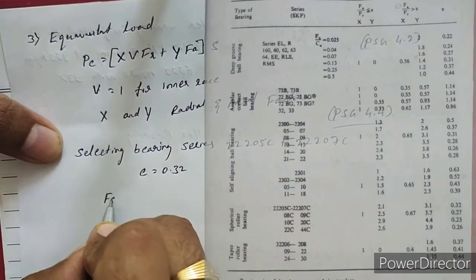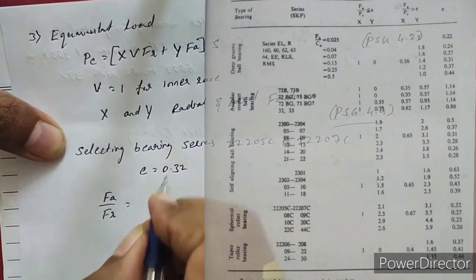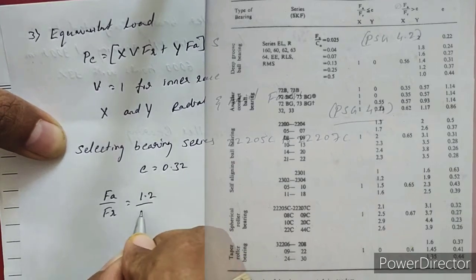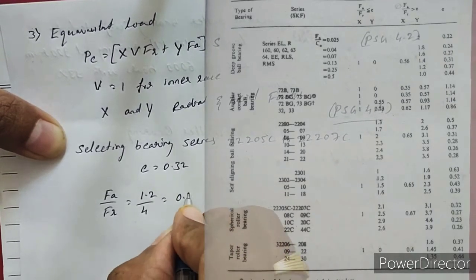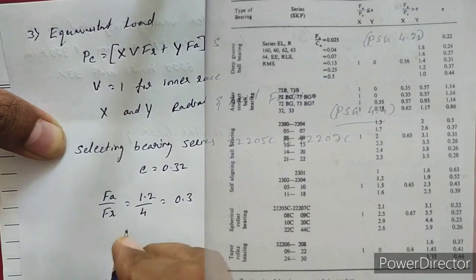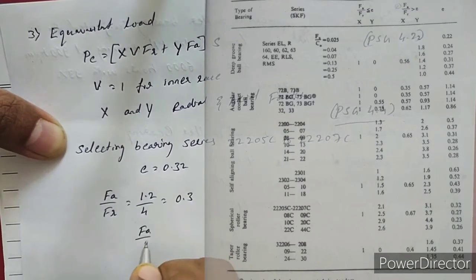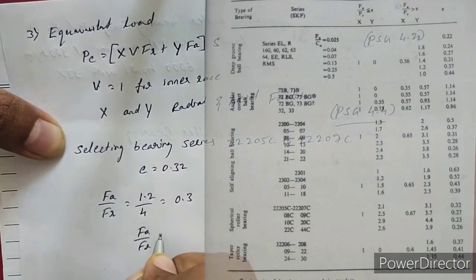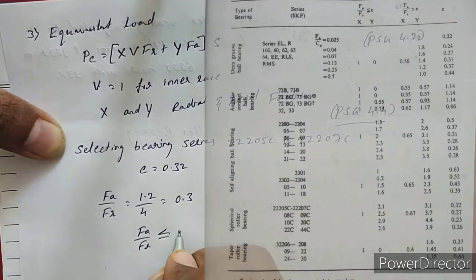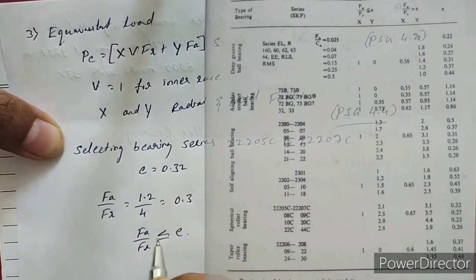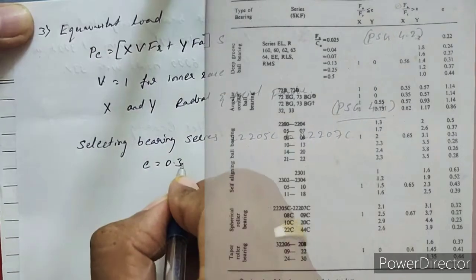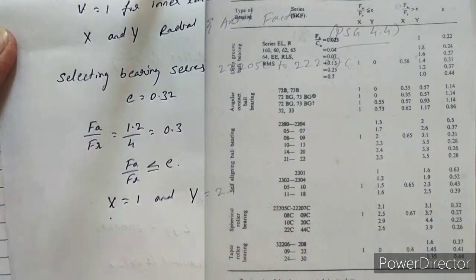After that, we will calculate Fa by Fr. Fa is 1.2, Fr is 4, so our value is 0.3. Then Fa by Fr is smaller than e, so according to that we will select X and Y. Here X is 1 and Y is 2.1. We can see this in the data handbook.